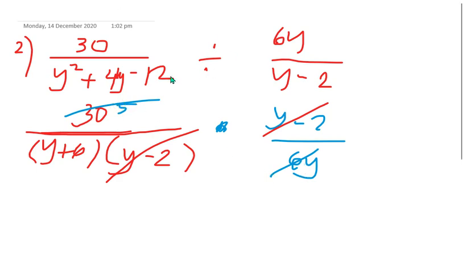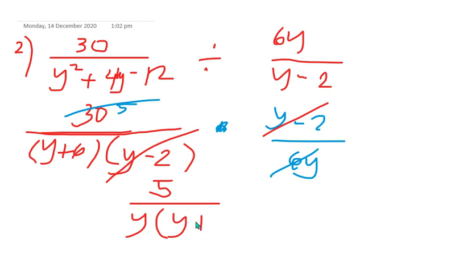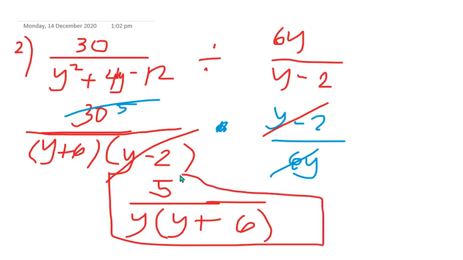So therefore we have 5 over y times y plus 6. Okay, so this is the final answer. If you have some questions, just message me, then you can ask questions.